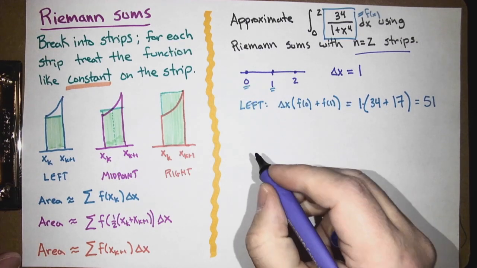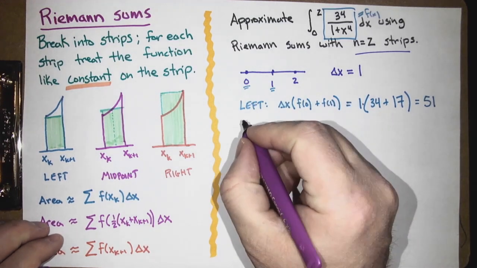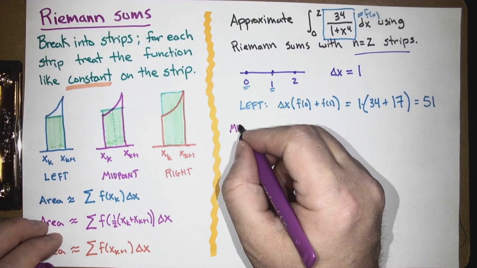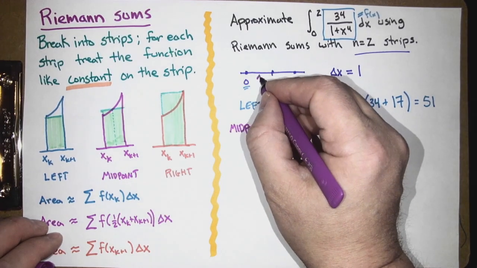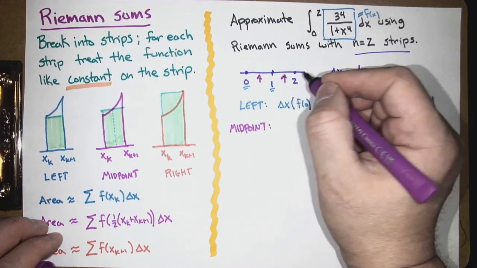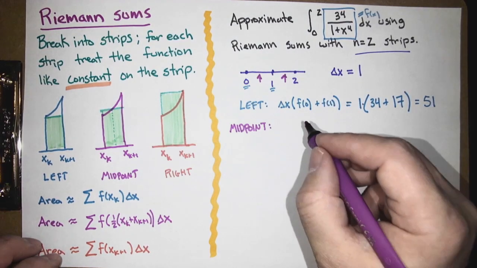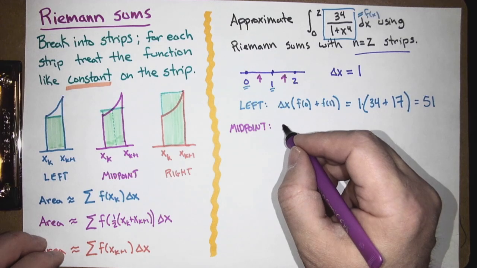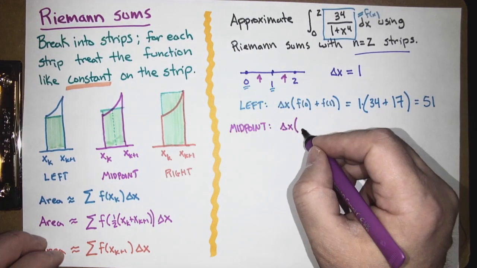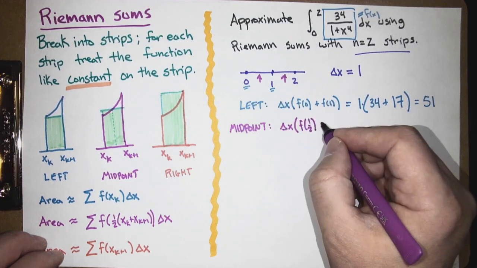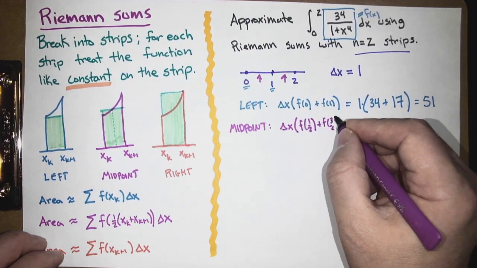All right, so next let's do the midpoint. So that's the halfway point. So what's halfway between 0 and 1? And what's halfway between 1 and 2? Between 0 and 1, halfway is 1/2. And between 1 and 2, 3/2.